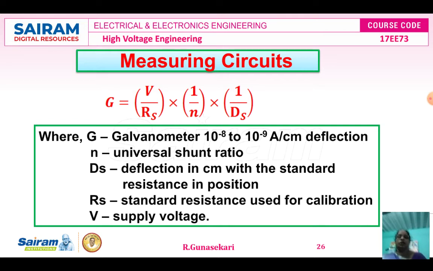N denotes the universal shunt ratio. ds represents the deflection in centimeter with the standard resistance Rs in position. Rs is the standard resistance which is used for calibration purposes. Voltmeter V measures the supply voltage, so V denotes the supply voltage.